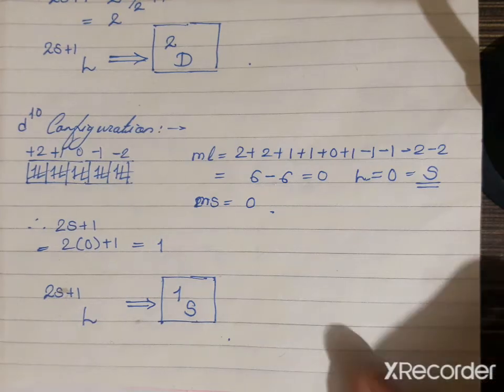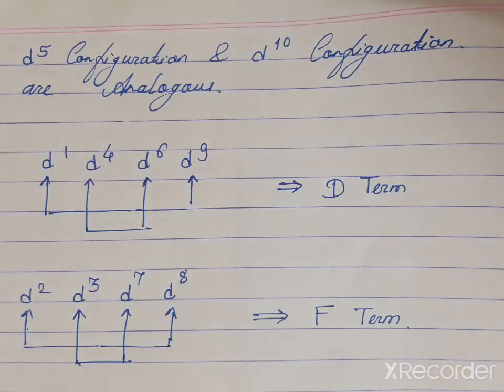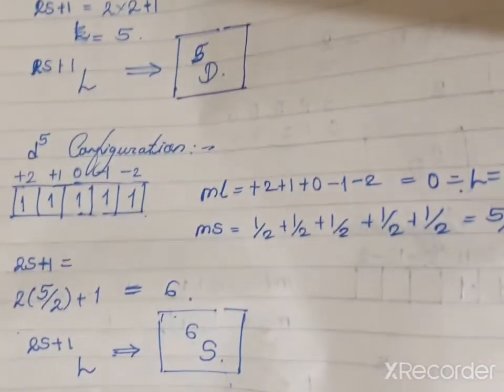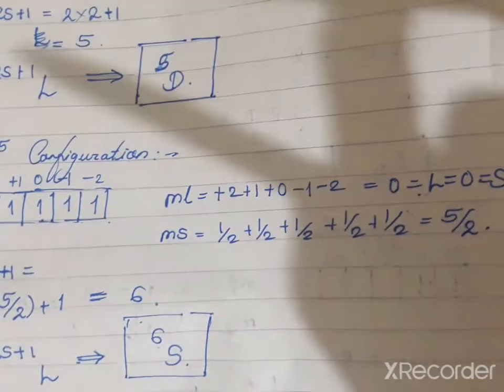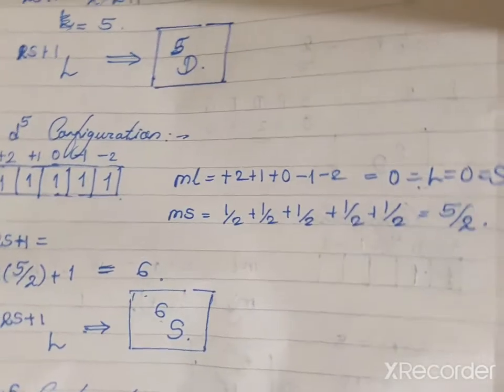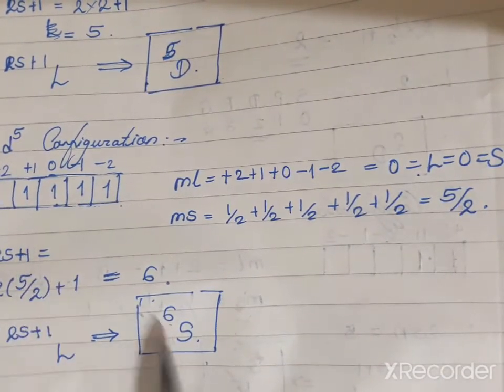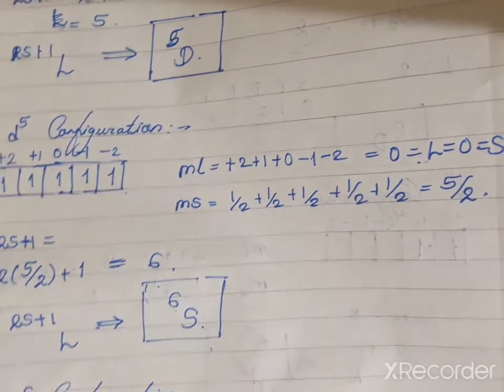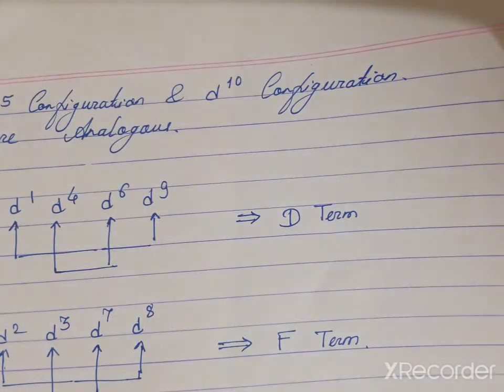Now by using this, the d5 configuration and d10 configuration are analogous. Why are d5 and d10 analogous? Look at this. In the d5 configuration, our term symbol is sextet S. Now check d10.